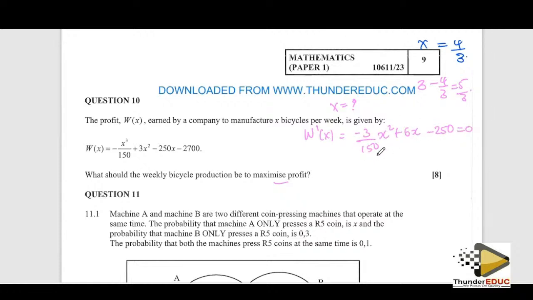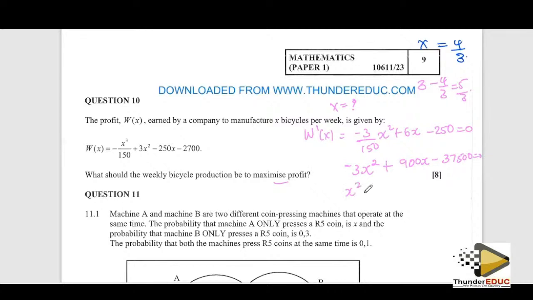So if I multiply through by 150, I'll have -3x squared. 6 times 150 is going to give me 900x. And then 250 times 150 gives me 37,500 is equal to 0. You can divide through by -3.